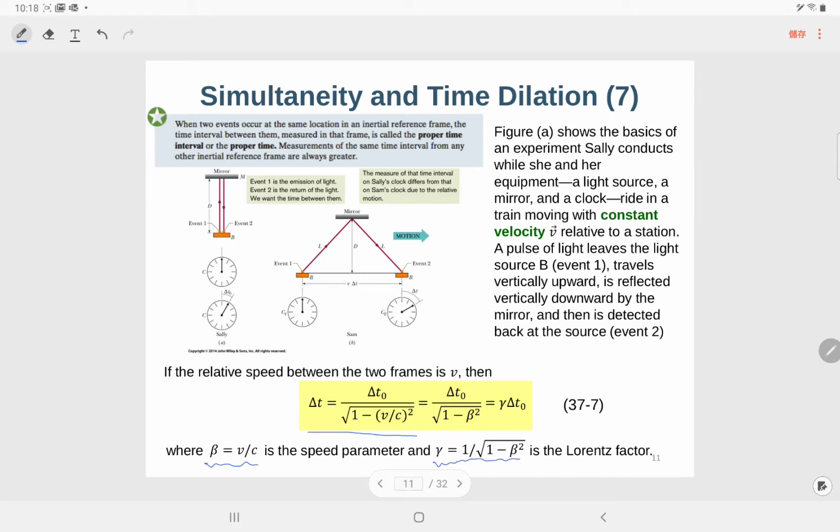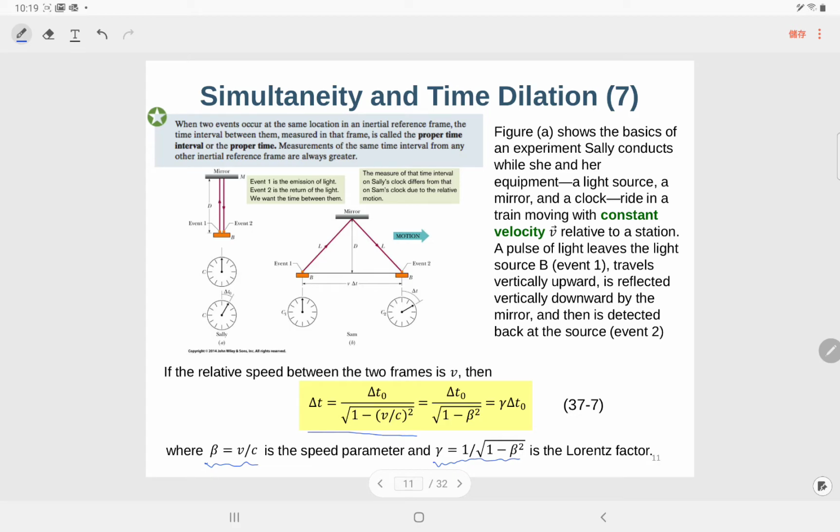And this is called the Lorentz factor. So actually this factor appears quite a lot in special relativity.